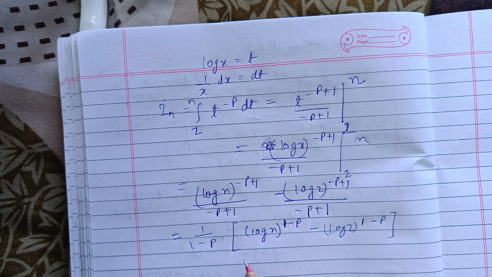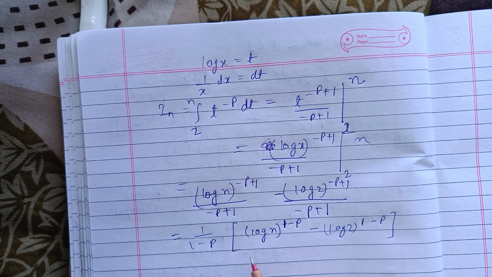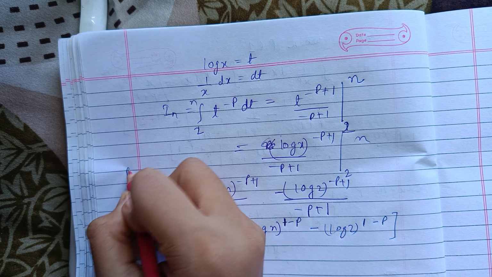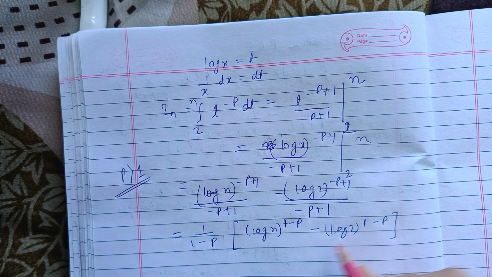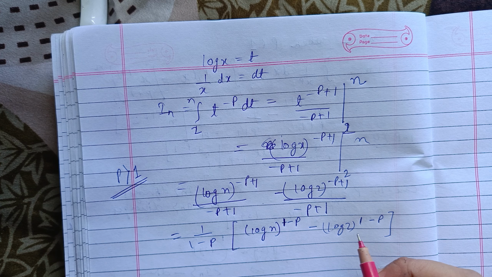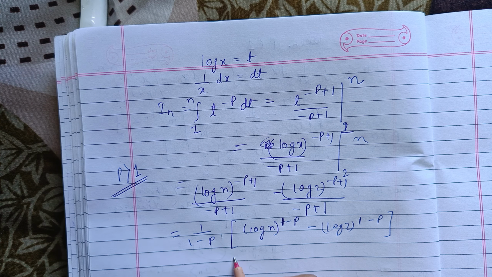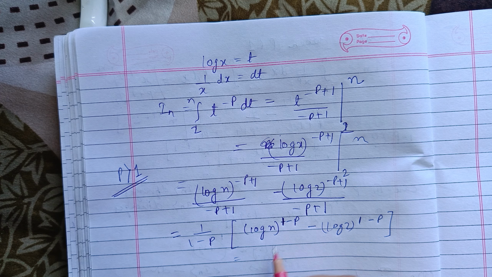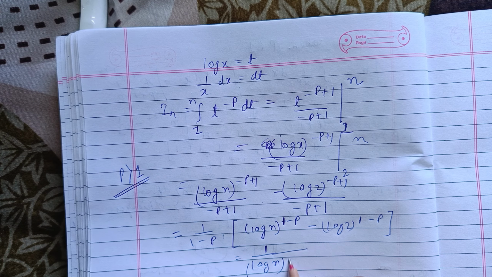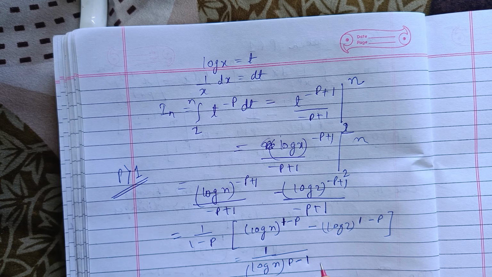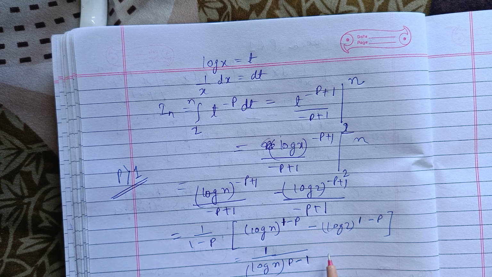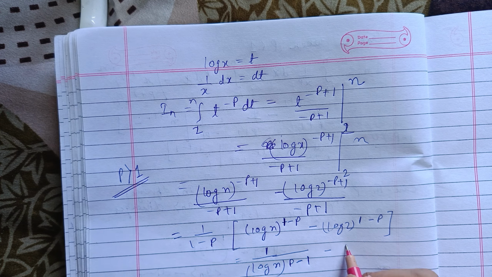So here, using the previous question's method, p is greater than 1. So if p is greater than 1, this will result in a minus negative sign. I am taking the negative sign common and writing it as 1 by log n to the power p minus 1, because p is greater than 1, so I am taking p minus 1 as common, and this is as it is.